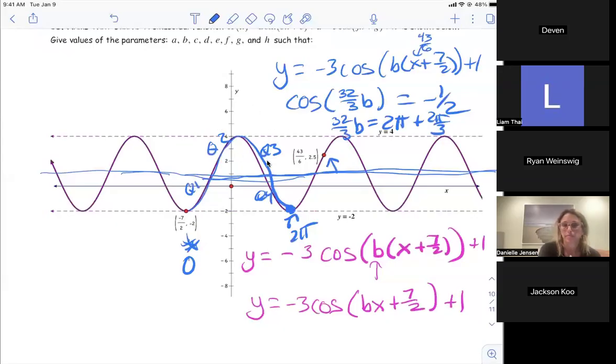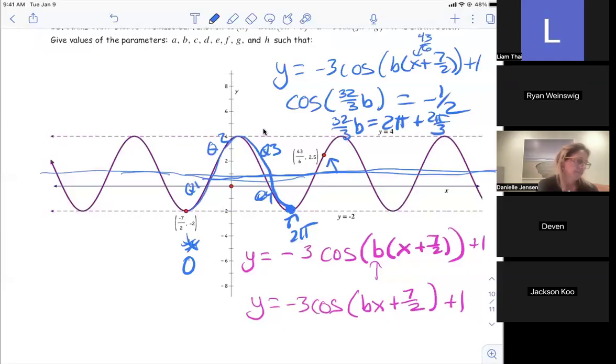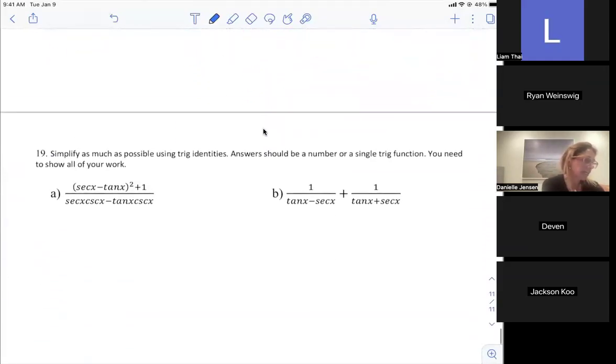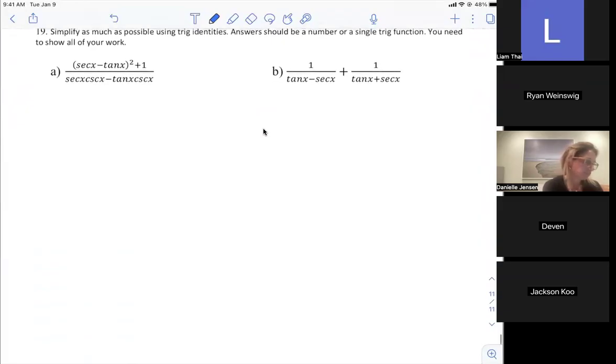Liam. I had a question on 19A, simplifying the trig identities. I was getting fractions over fractions when I was trying to substitute for secant or cosecant. There are so many different ways to go about this problem, and some are going to be longer than others.